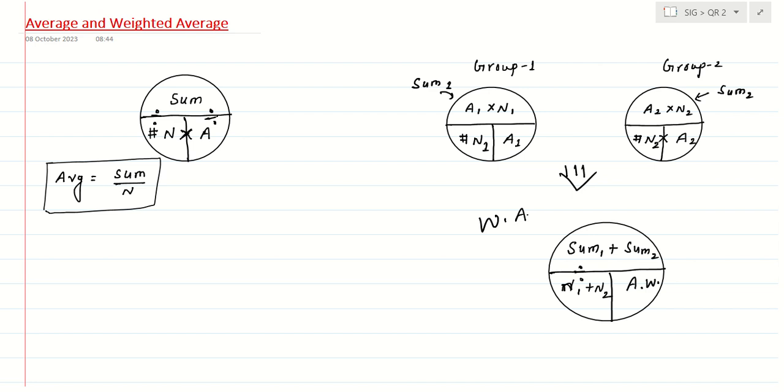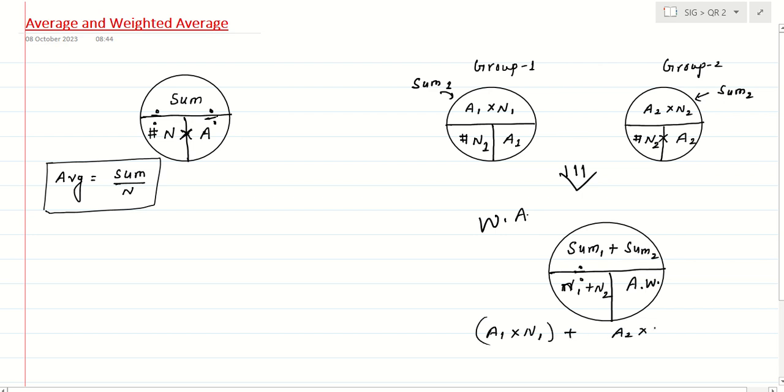If three groups, I can add one more, A3 N3, which gives the summation A3 into N3. So the weighted average is A1 into N1, that is summation 1, plus A2 into N2, that is summation 2, divided by the total number of employees N1 plus N2. That is called weighted average.